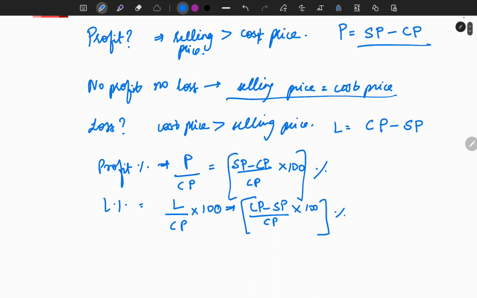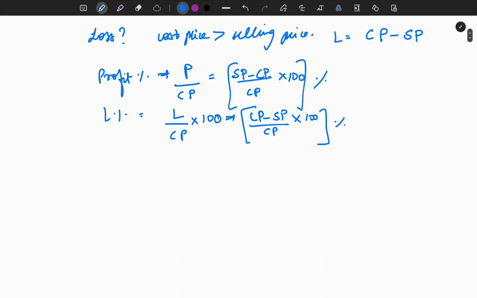Now what is my selling price? So I know that I have a profit of 8% and my cost price is something and my selling price is something. So we know these values. So how do I find my selling price from this?